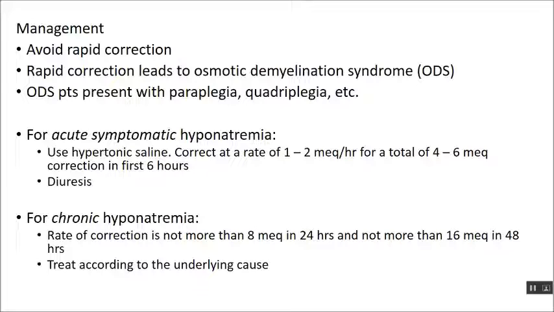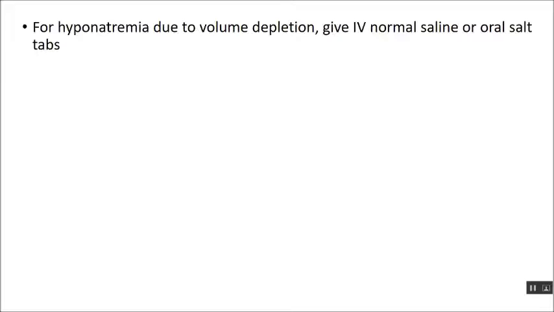Our previous presentation on causes of hyponatremia should have given you enough confidence as to what is the cause of the hyponatremia that you're treating. Simple as that: if they have volume depletion, you give them IV normal saline and/or salt tablets, and that should suppress the ADH enough that the sodium would correct. This is by far the simplest etiology of hyponatremia to treat.